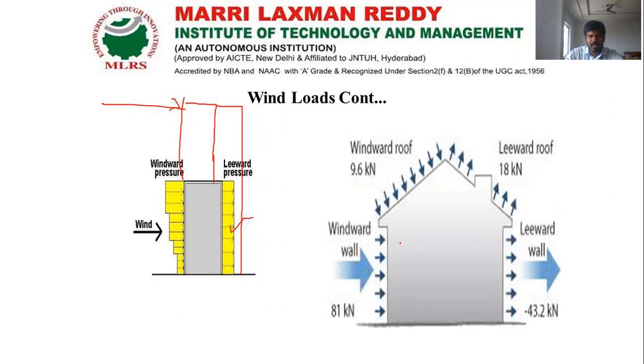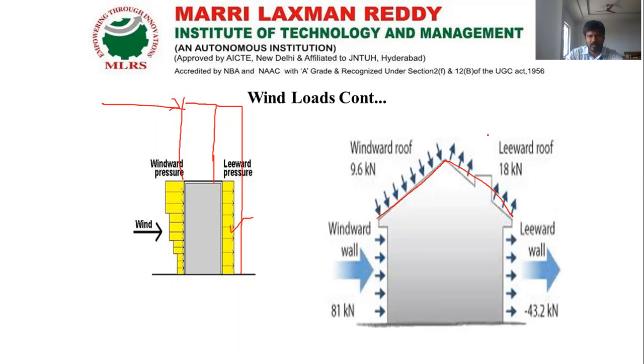Similarly, if it is a roof structure, a truss or roof structure, here the windward pressure and leeward pressure will change depending upon the height as well as uniform pressure. In the roof, also, it is a sloped roof, so the intensity is more on the windward side, but on the leeward side the uplift pressure may happen.